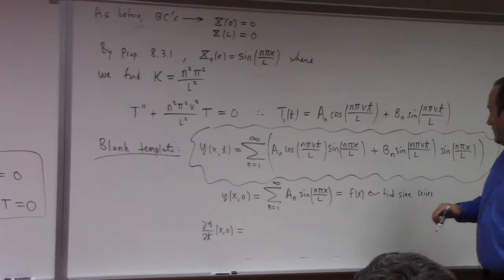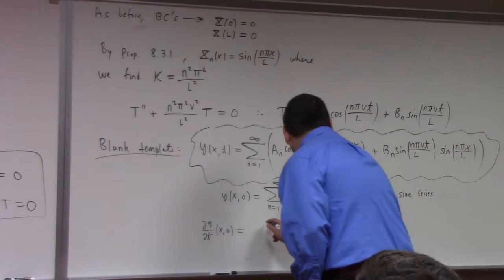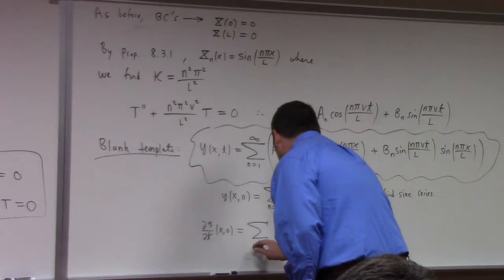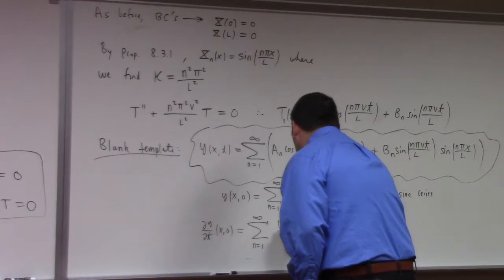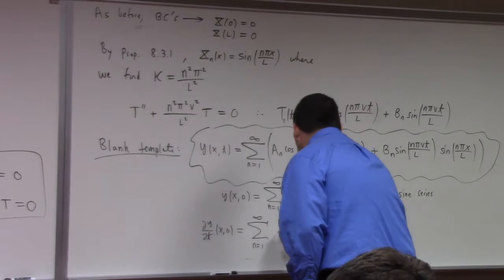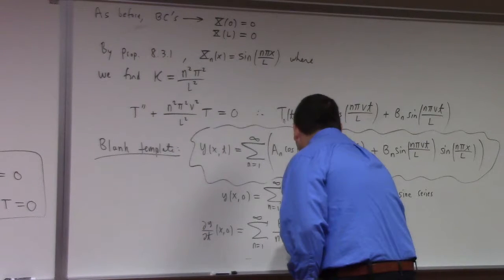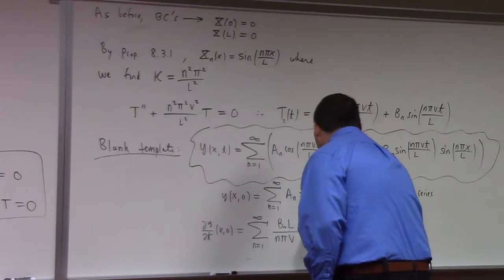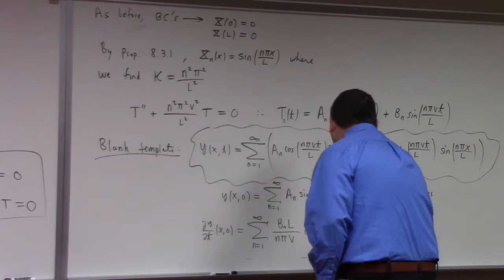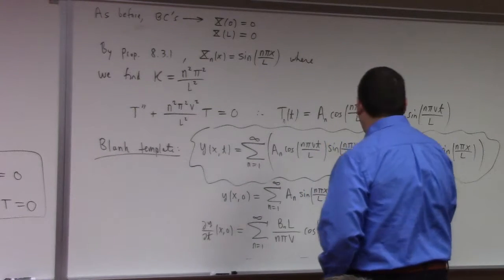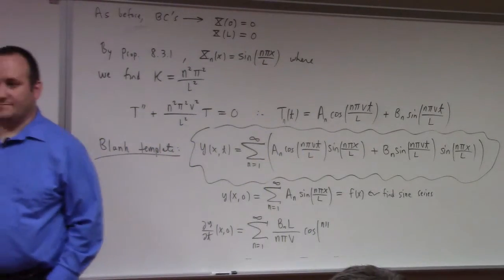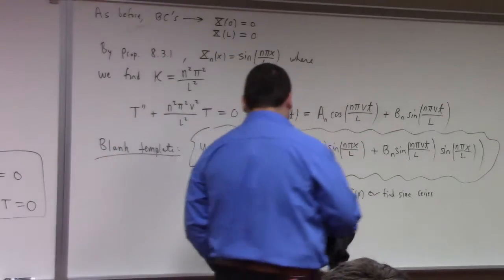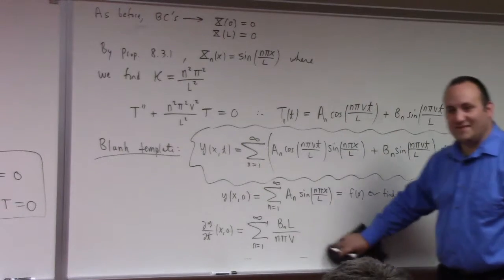And so by the chain rule, we'll get the sum n equals 1 to infinity of b sub n times L divided by n pi v cosine, oh, I'm sorry. What's the cosine of blah, blah, blah times 0? Is 1, right? So let's not write that.